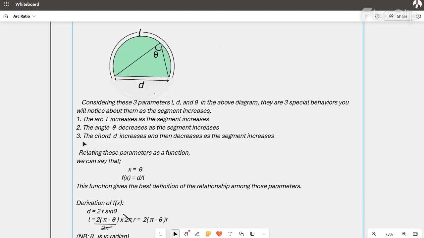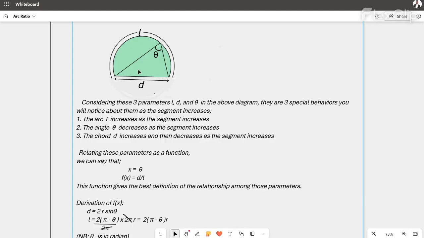Then, number three, the chord D increases and then decreases as the segment increases. What does this mean? When the segment is very small, this length of chord is very small, and as the segment continues increasing, the chord increases as well until it reaches its maximum length at the center of the circle.